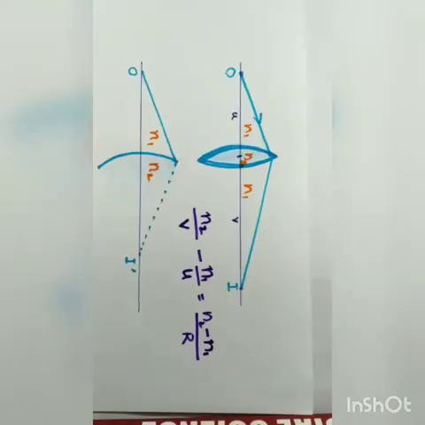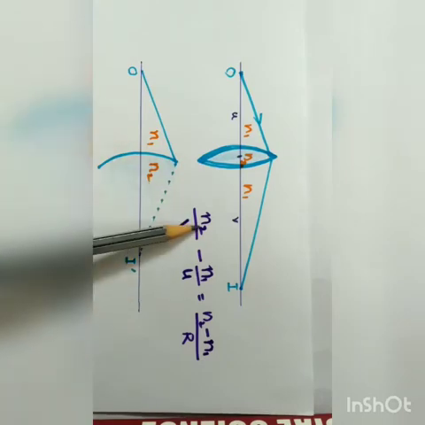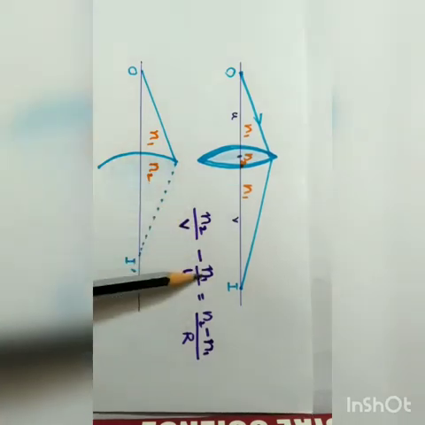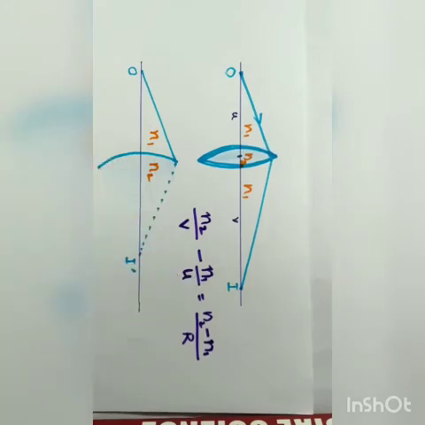To derive the lens maker's formula, we use the equation n2 by v minus n1 by u equals (n2 minus n1) by r. I hope you remember this formula, which we have already derived. n2 is the refractive index of the second medium, n1 of the first medium, v the image distance, u the object distance, and r the radius of curvature. Where do we use this equation?